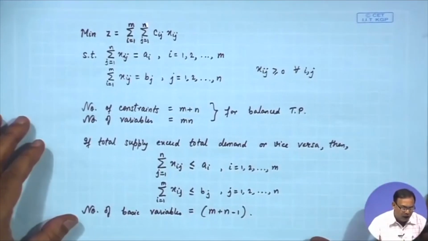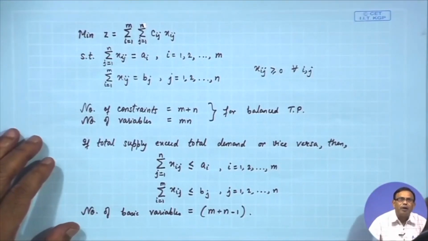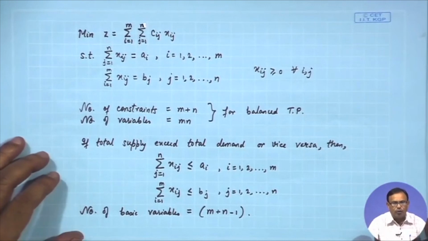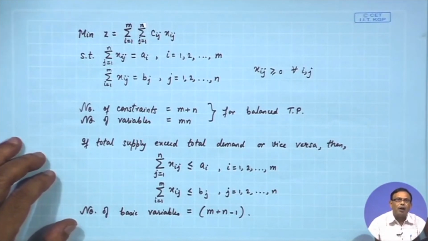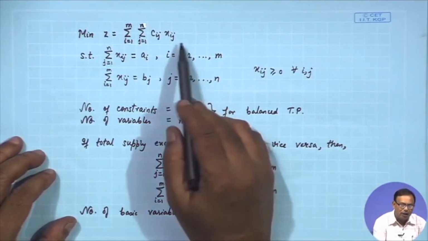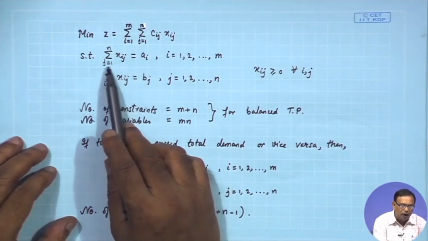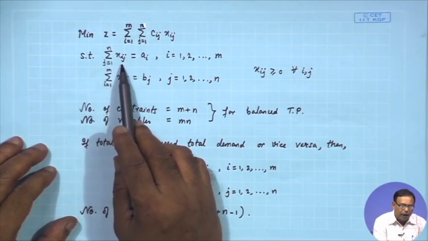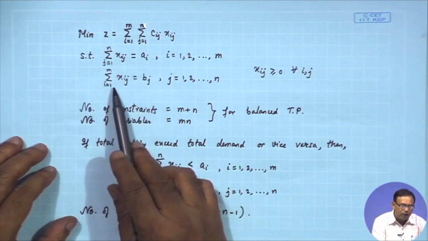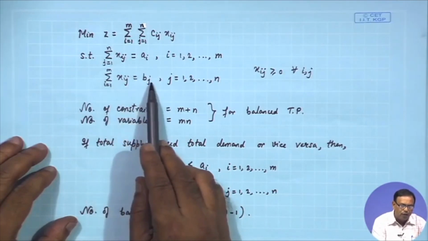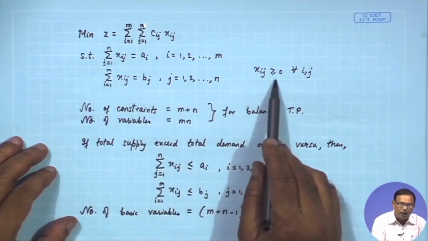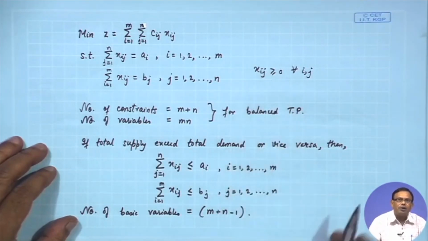If I have to write it in matrix notation, I can write: minimize z = summation i = 1 to m, summation j = 1 to n, cij xij, subject to these two restrictions I told earlier: summation j = 1 to n, xij = ai, and summation i = 1 to m, xij = bj, where xij is greater than or equal to 0. Since you are transporting commodities or goods, it should always be greater than or equal to 0.